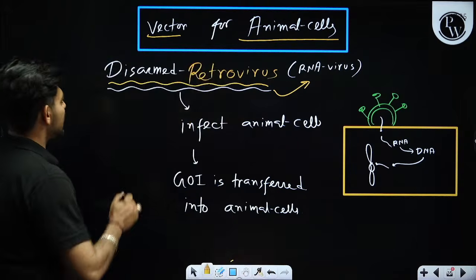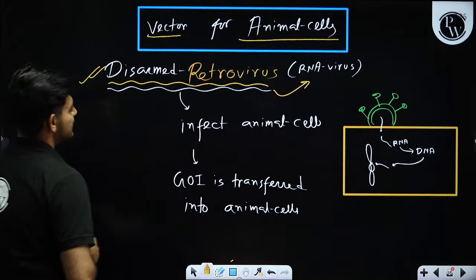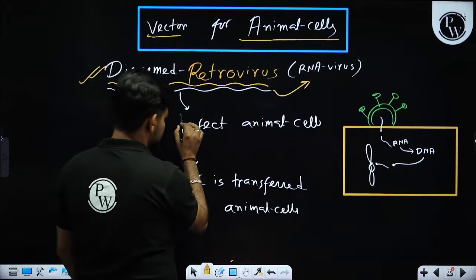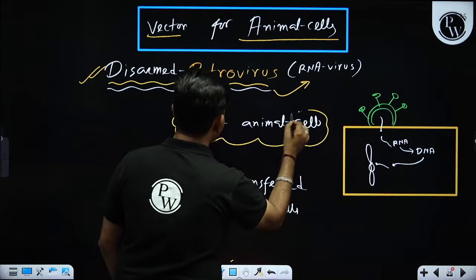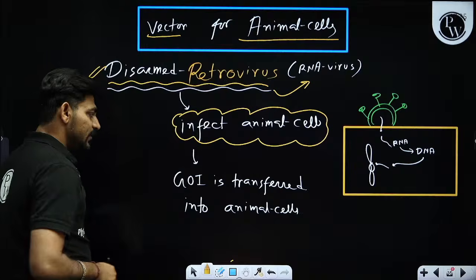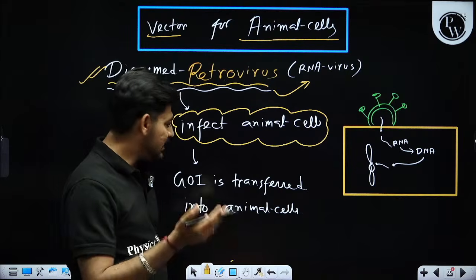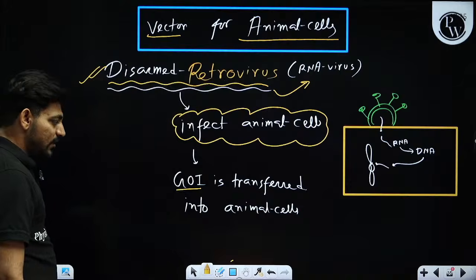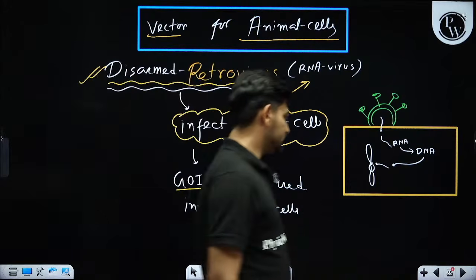That kind of retrovirus is called a disarmed retrovirus. With this retrovirus, you infect the animal cell, but this infection will not cause a disease. Rather, the gene of interest will be transferred inside the animal genome.